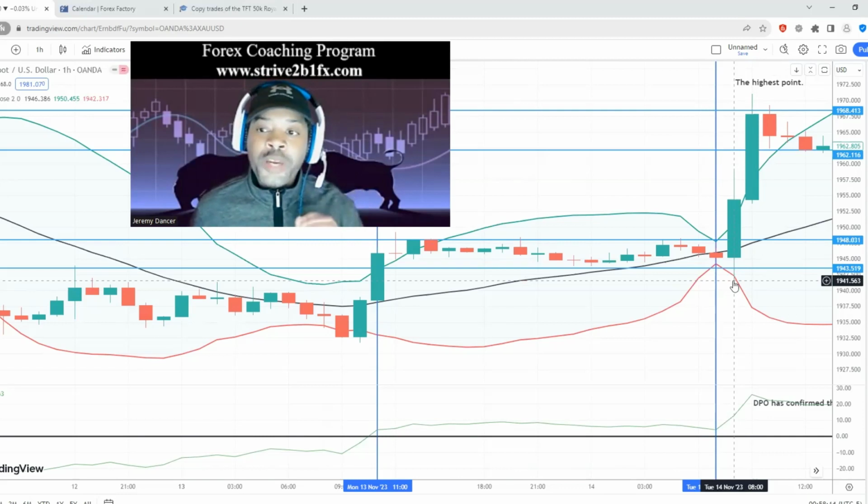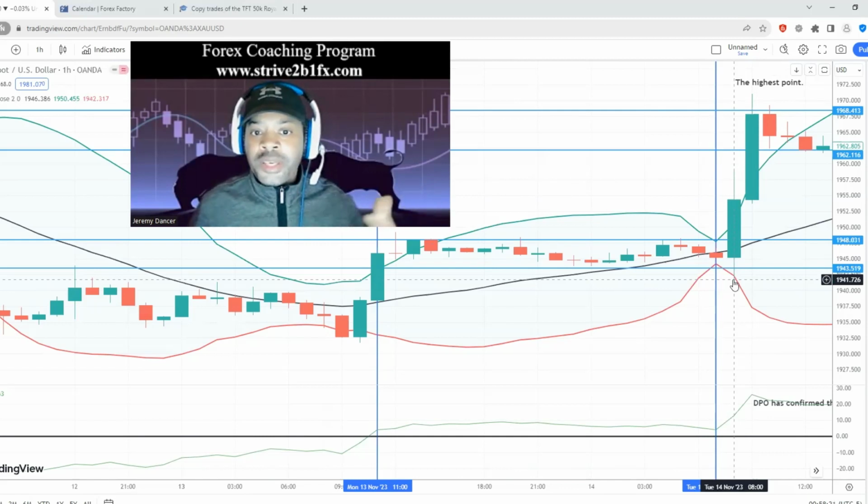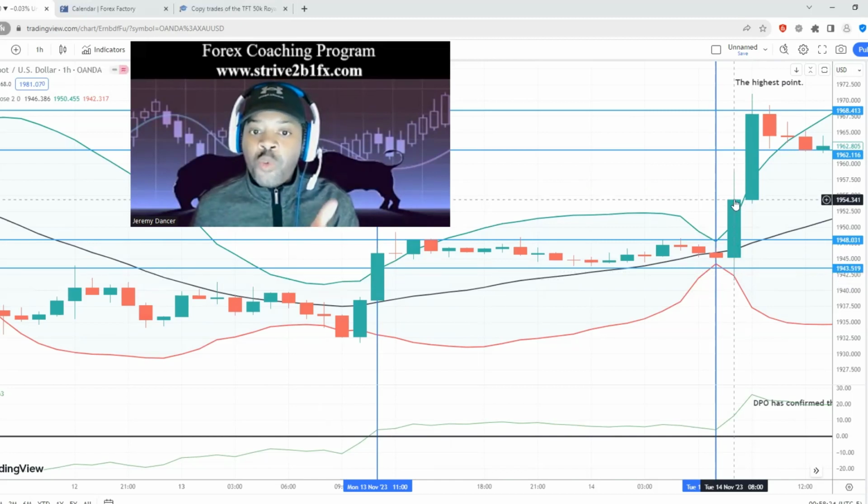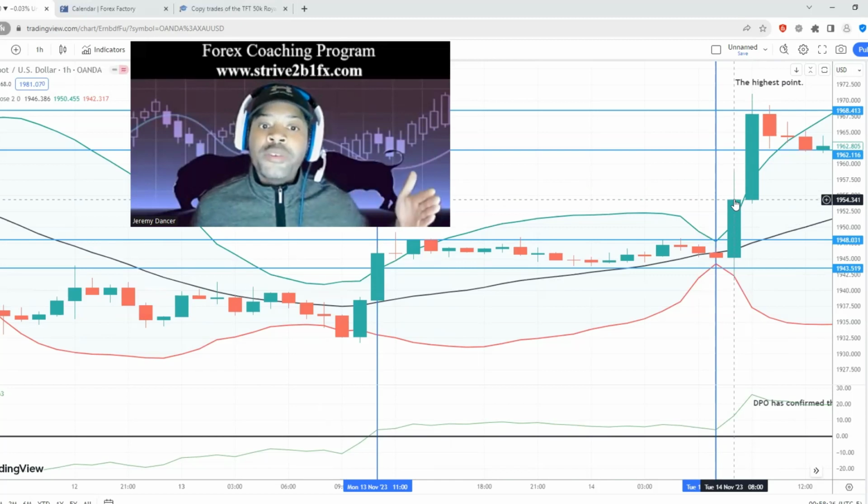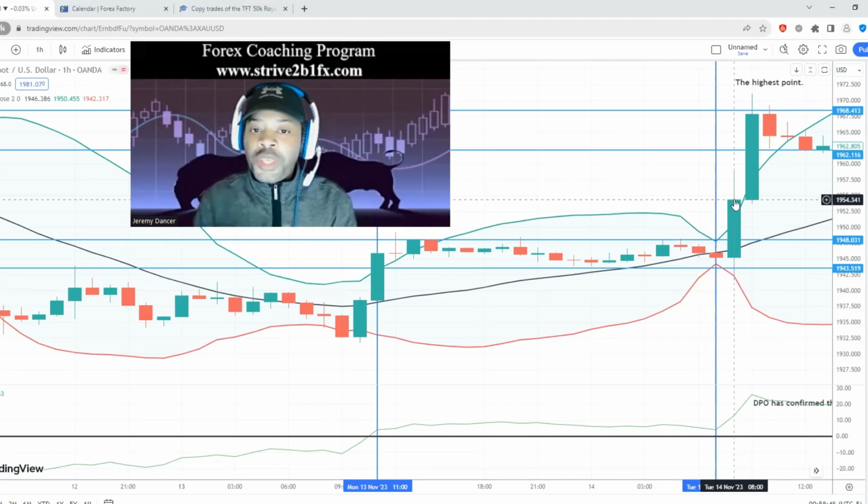So this is why I'm telling you guys, make your trades based off of the 15-minute time frame. But when it comes to your overall analysis, you can use the longer time frames like the 1 hour, 4 hour, and the daily, but base your trades off of the 15-minute time frame, because each 1 hour candle represents 1 hour of data, compared to the 15-minute time frame where you can have 4 candles within that 1 hour.